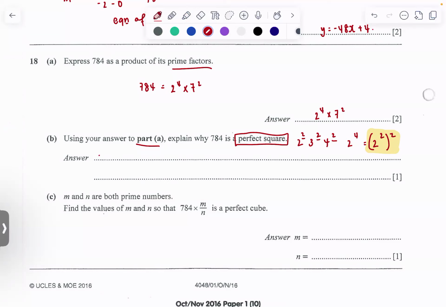So you can say since 784 equals 2^4 times 7^2, you can rewrite it into (2^2 times 7) whole thing squared, right? It is perfect.